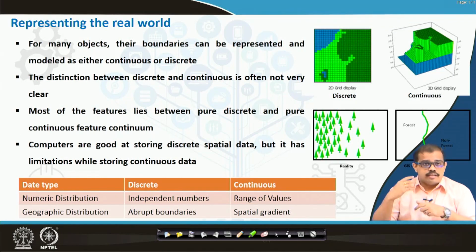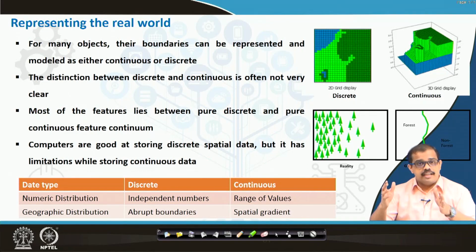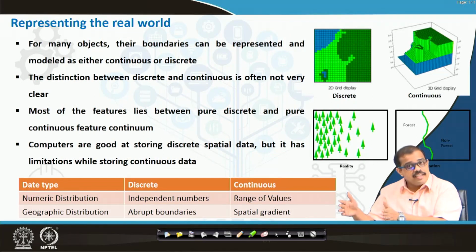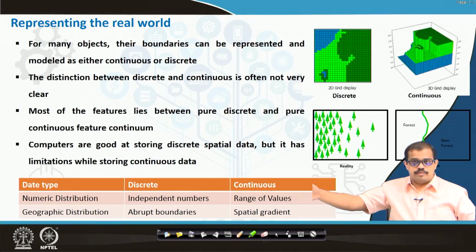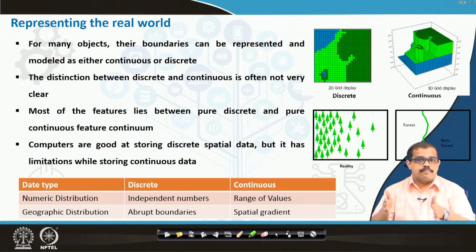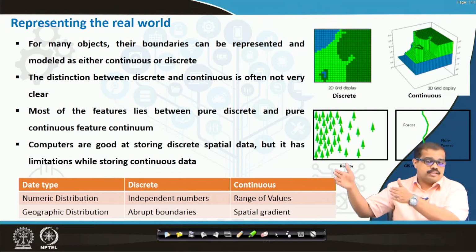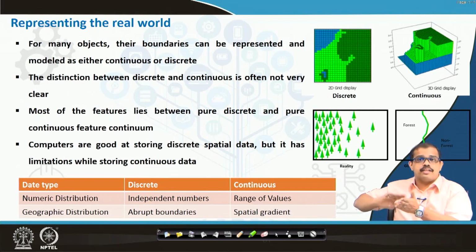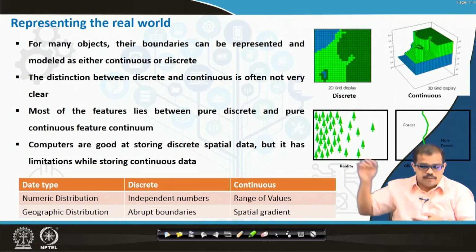And when we look at data type, with a numeric description, discrete data are independent numbers, and continuous data is a range of values. For geographic distribution, discrete has abrupt boundaries, and continuous is a spatial gradient, a gradient of values.